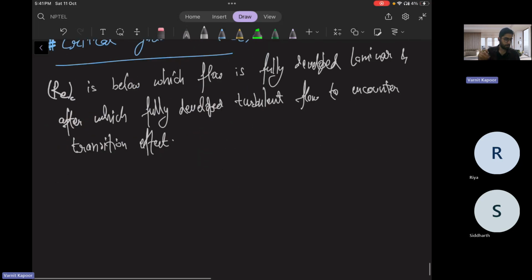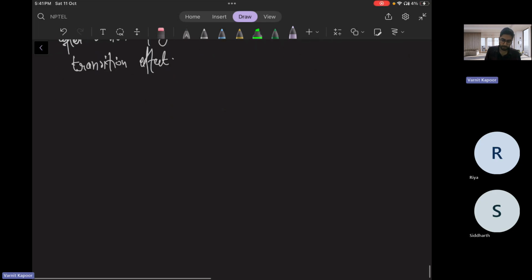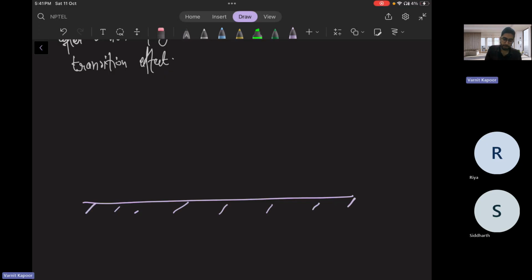So what do I mean? Suppose I have a flat plate like this. Flow is happening here with some free stream velocity, that is U infinity. Initially, if the flow is laminar, a boundary layer will form.